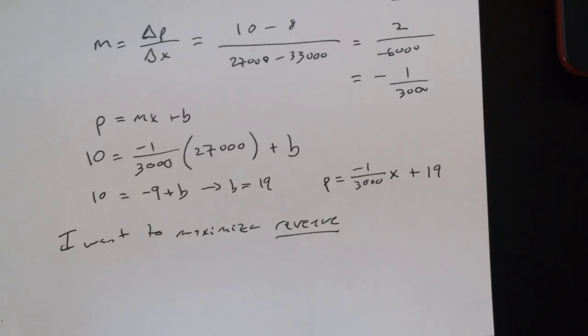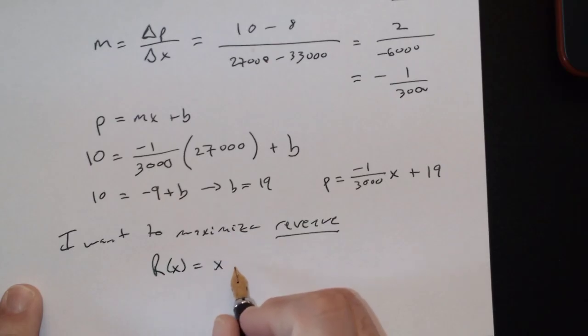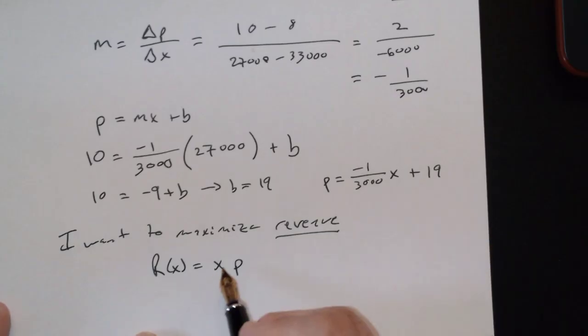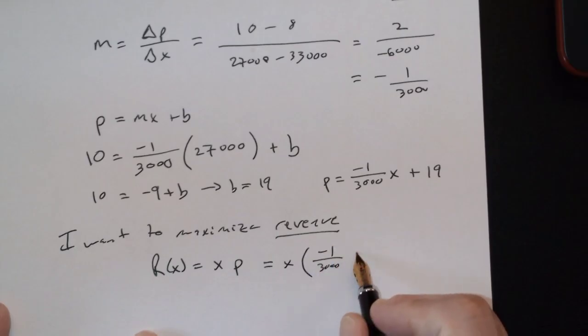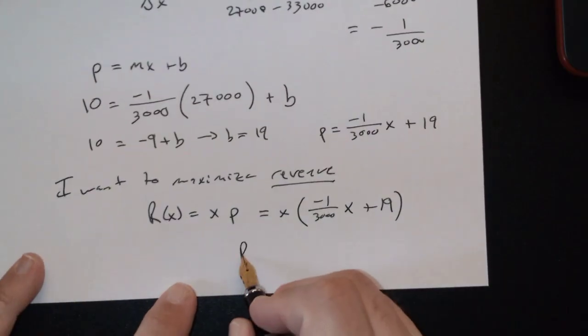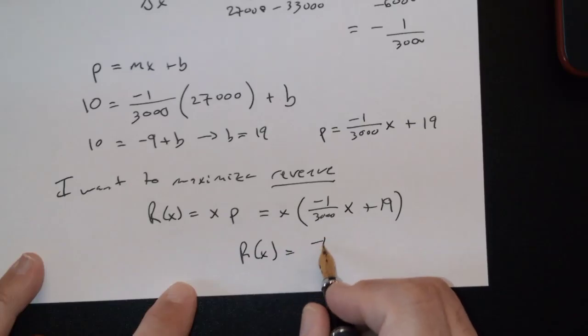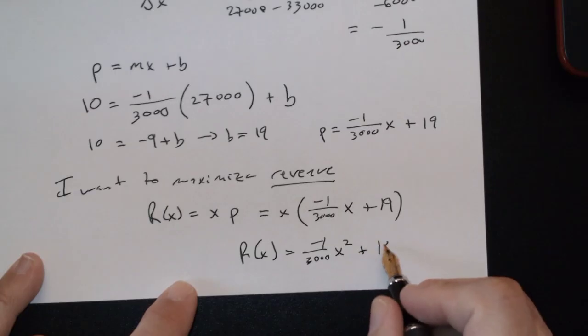X is the number of tickets we're selling. So my revenue is X times P. Wait a minute, that's not one variable. Take the expression we have for P, put it in there. And now I have an equation of one variable. Minus 1 over 3,000 x squared plus 19x.